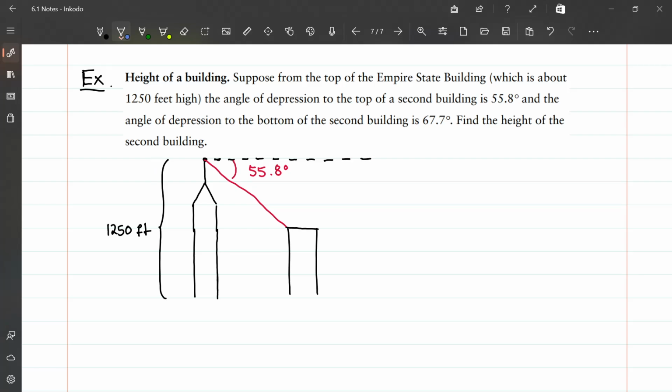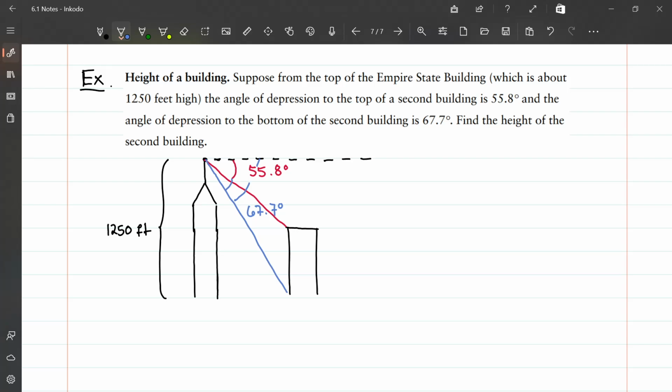But if we measure the angle of depression now to the bottom of the building, we get a different angle. Specifically, the angle that we get, it's a little bit messy here. I guess I'm going to have to be careful about this. The angle that we get the second time around is 67.7 degrees.